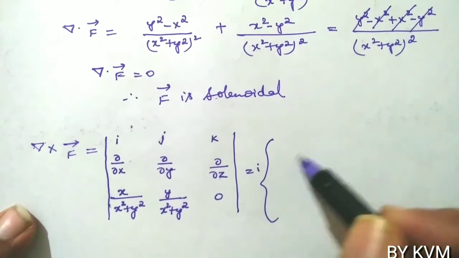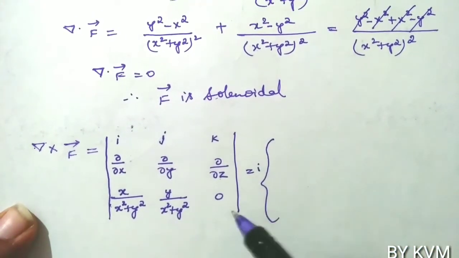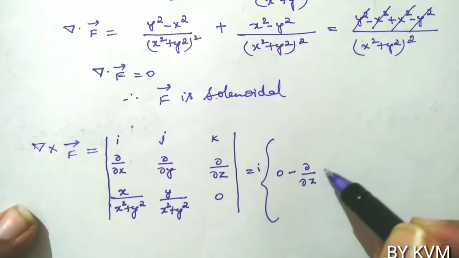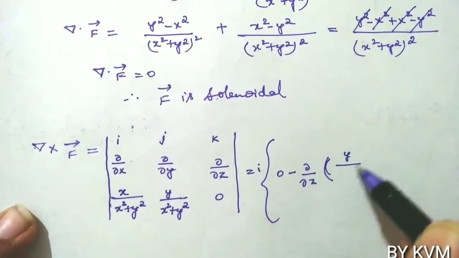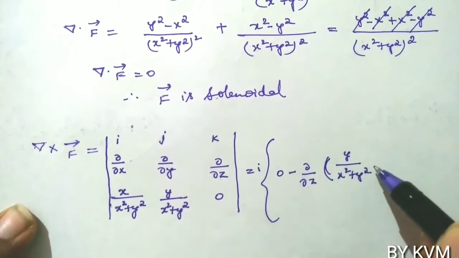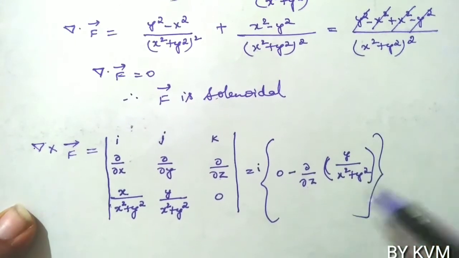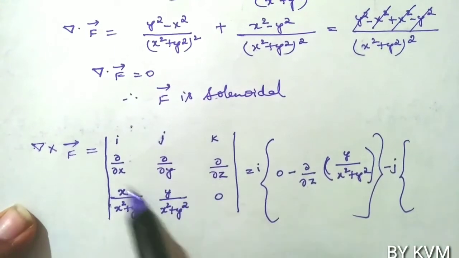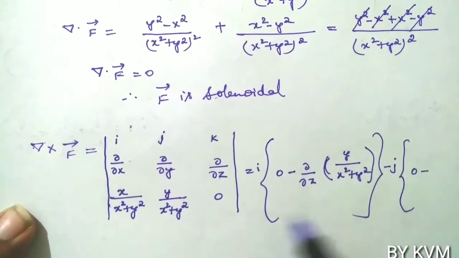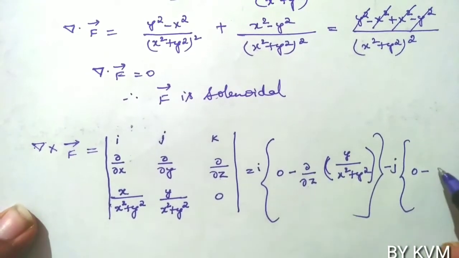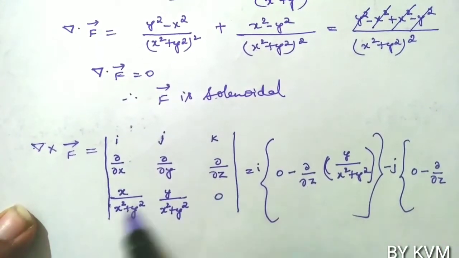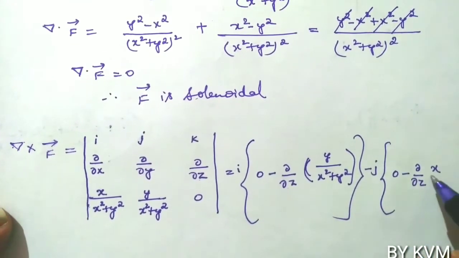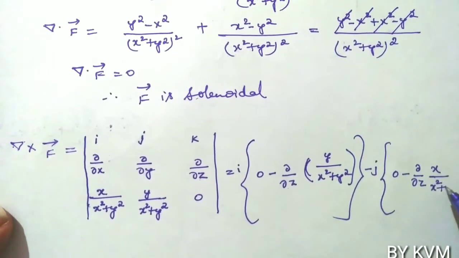So i times ∂/∂y of 0, so it is 0, minus ∂/∂z of y by x² + y², minus j times ∂/∂x of 0 is 0 minus ∂/∂z of x by x² + y².